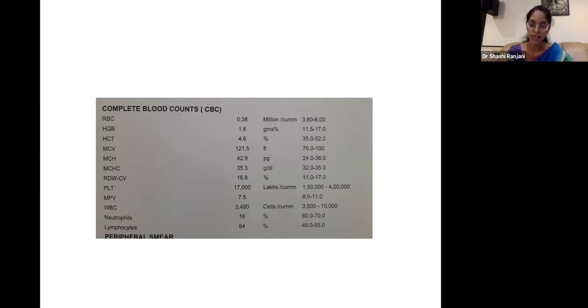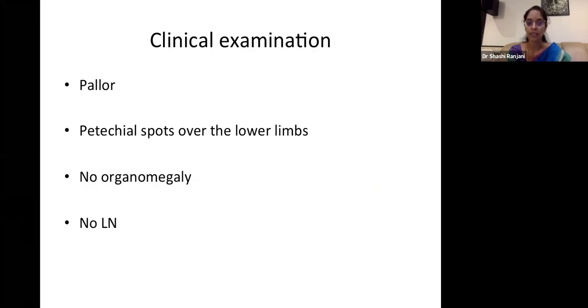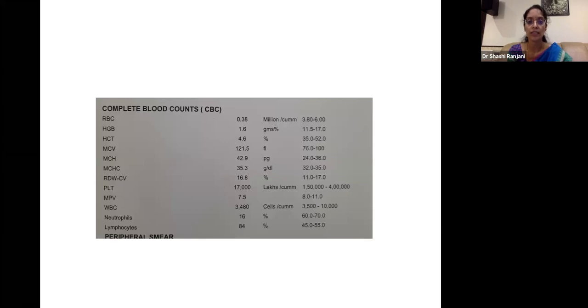So here is a child who presented to us with pancytopenia, with no organomegaly, and with a history of sibling death. In such cases, it is very important for us to remember that many of the genetic diseases can come with such a history: sibling death, no organomegaly, and as you can see, the MCV is high.